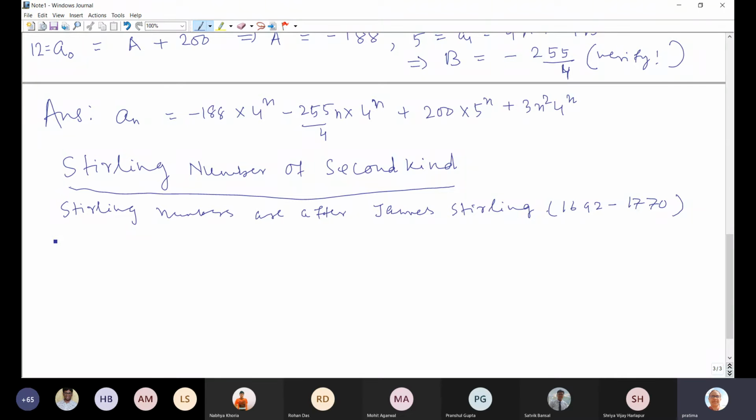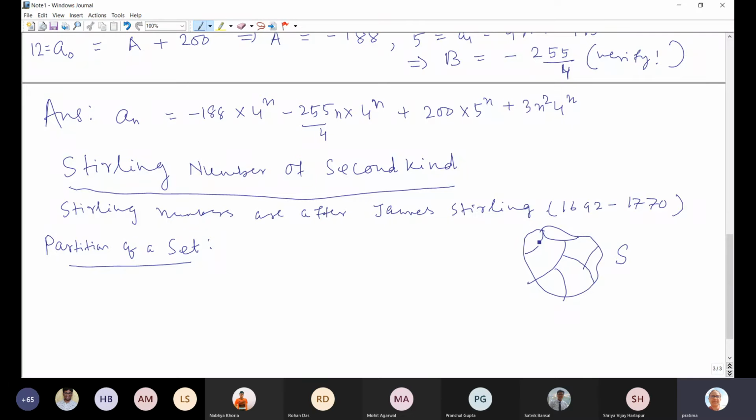So first of all, what do you mean by partition of a set? Suppose I am having a set here, any set S. Partition means, you know very well, you can partition our country into different states. A state you can partition into districts like this.